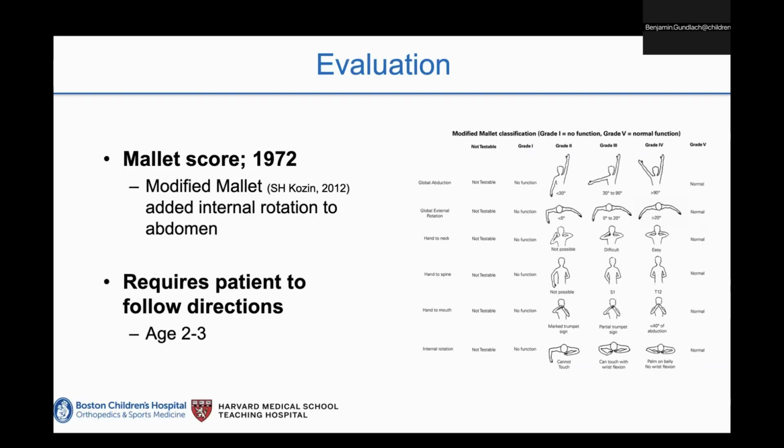The Mallet score, similar to the AMS, is the de facto categorization or evaluation tool for the shoulder in brachial plexus birth injury patients. However, it does require the attention of and ability to follow directions from patients, and for that reason doesn't become really valuable until the patient is about 2 or 3 years old.